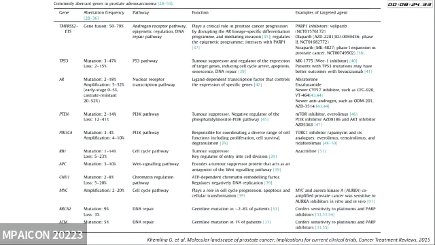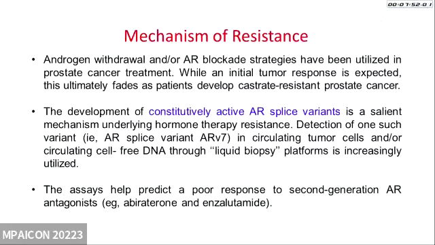So here is a long list of genes which are involved in prostate cancer, both localized and metastatic, and it starts with TMPRSS2-ETS fusion, and it ends with, and of course it's endless, but in this cartoon it is ending with BRCA2 and ATM, and that indicates homologous recombination deficiency, which is there in prostate cancer and which is amenable to therapy by PARP inhibitors.